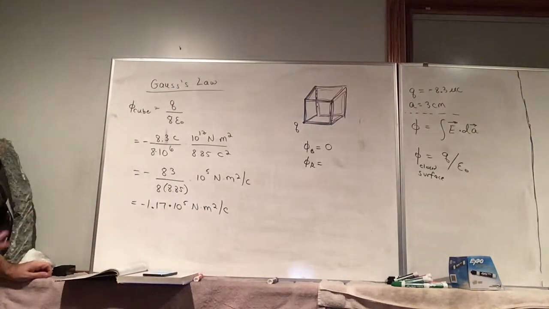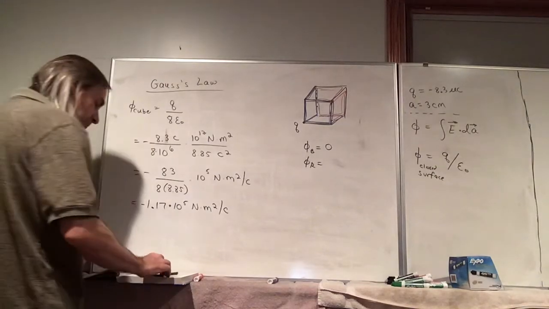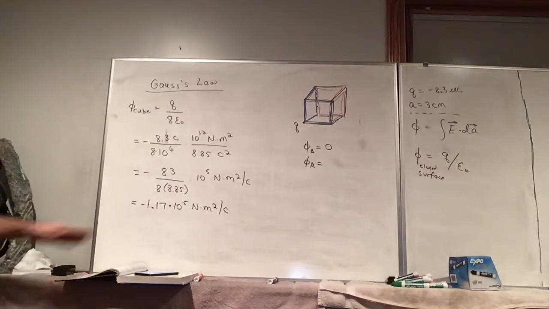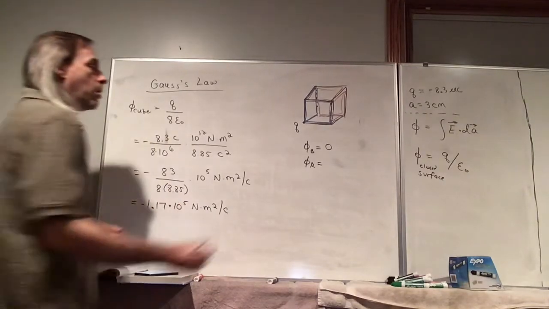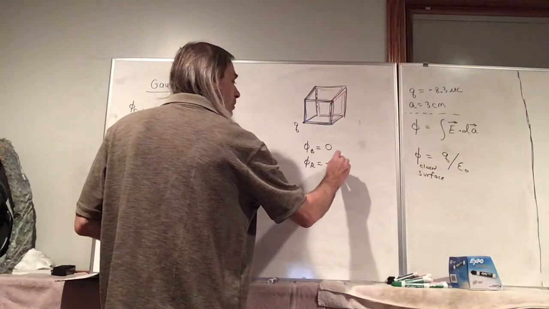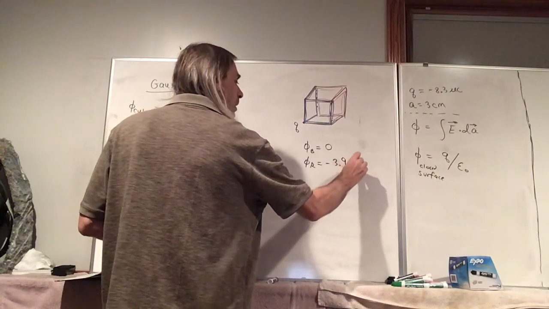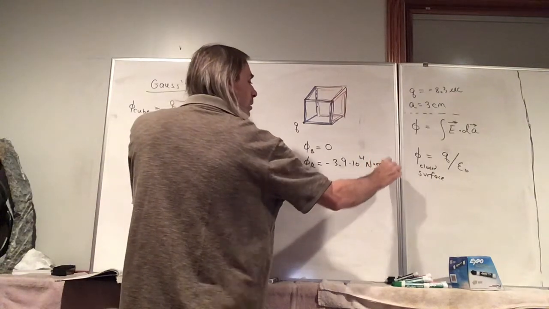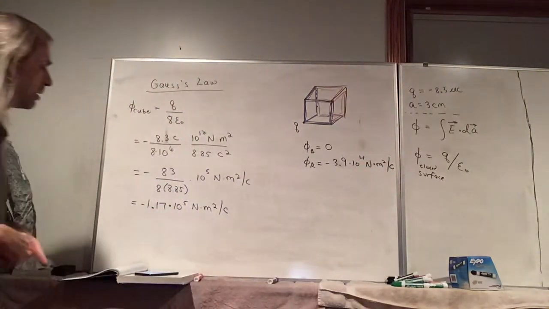And if you add up, the 3 blue ones contribute nothing. And the 3 red ones have to contribute equal amounts to the flux just from symmetry. And so we just divide this by 3. So let's do 1.17 divided by 3. That's 0.39 times 10 to the 5th, or minus 3.9 times 10 to the 4th Newton meters squared per coulomb.